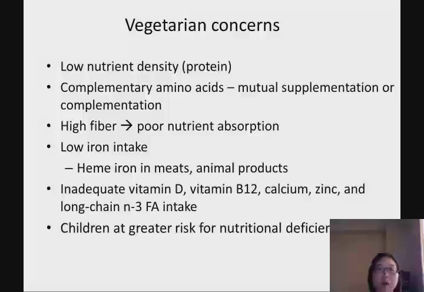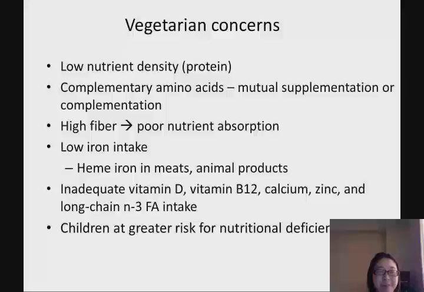Okay, not only the concern for those nutrients, I also have other concerns, for example, low nutrient density.